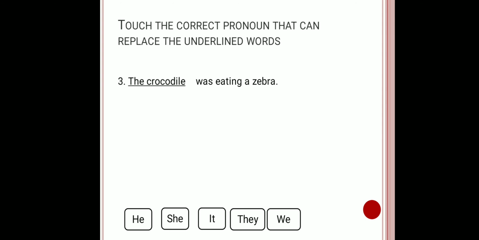So here I have to use the pronoun it. It was eating a zebra. Because as you know, I use the pronoun it to refer to something or to an animal. And the crocodile is an animal, so I have to use it.